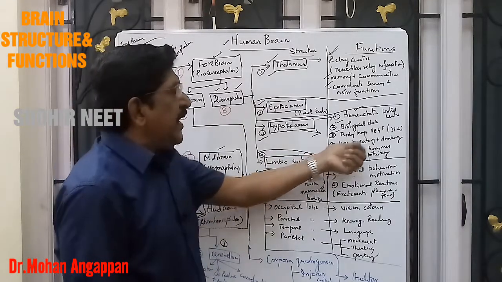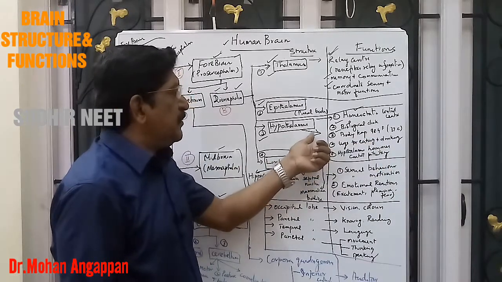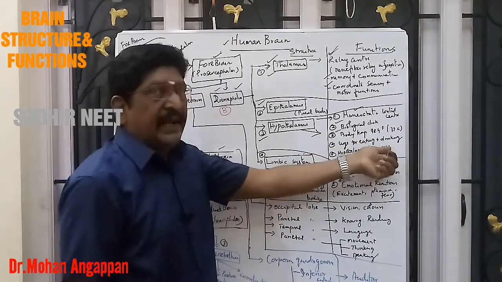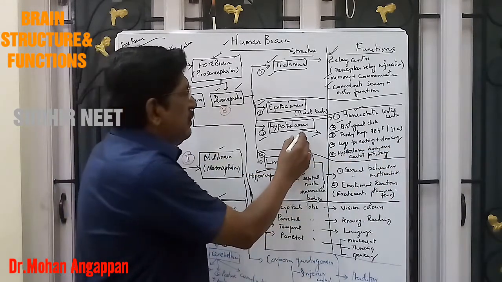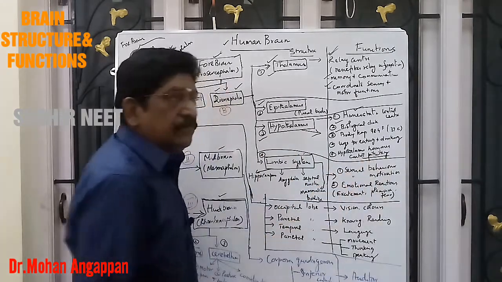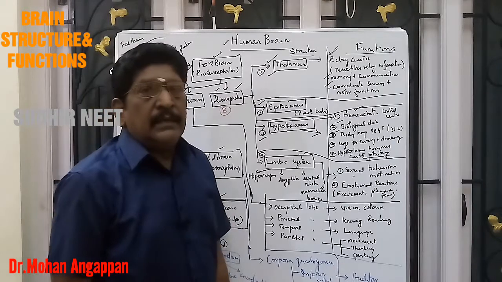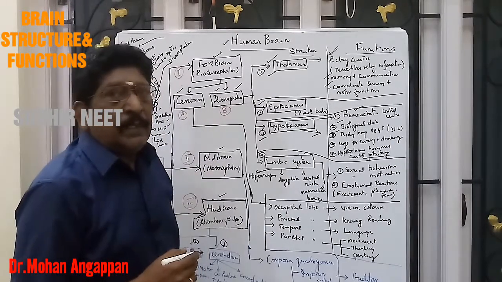It is also responsible for our urge for eating and drinking. Another important point: the hypothalamus secretes some hormones which control the pituitary, the main ductless gland.